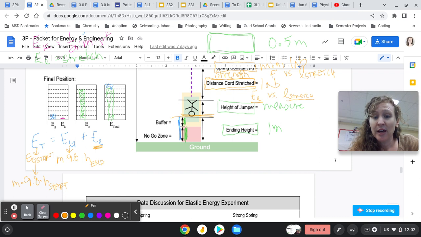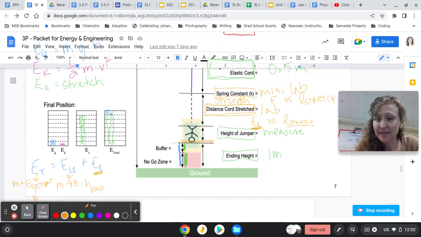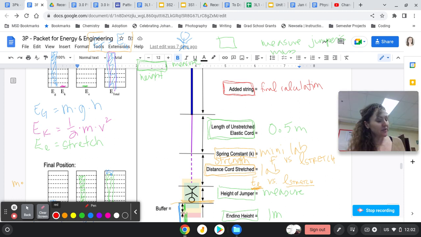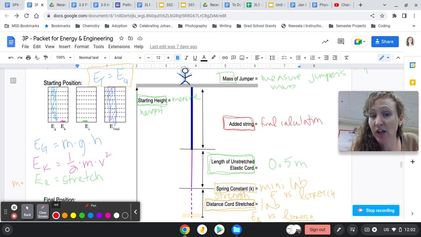So elastic energy can be calculated in this way for our lab. And then once we have that, and we have the strength of our spring from our mini lab, we can address this final calculation. So in this final calculation, what we want is the length of the string. But in order to get the length of the string, it's actually only the length of part of our jump, right?